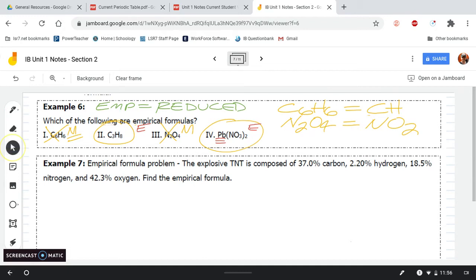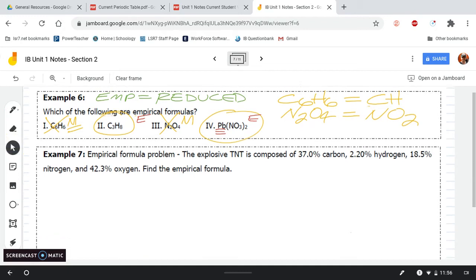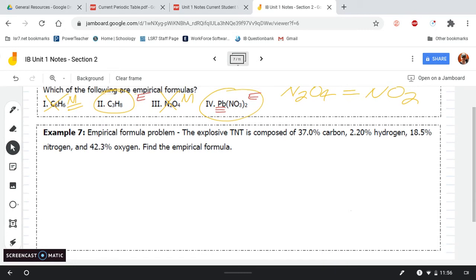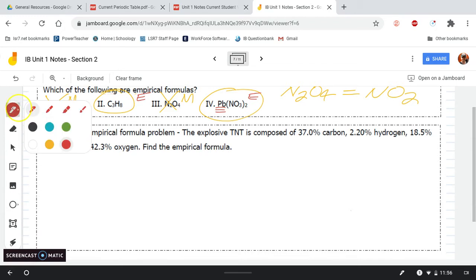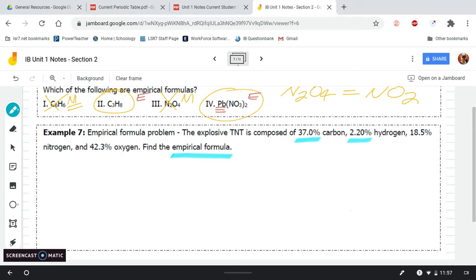So, okay, we'll practice some more on that in a little bit. Now we're going to do an actual problem here where I'm going to work through a math problem with you. The key thing on a problem like this is right here. They're asking you to find the empirical formula, but they give us this mathematical data, these percentages.